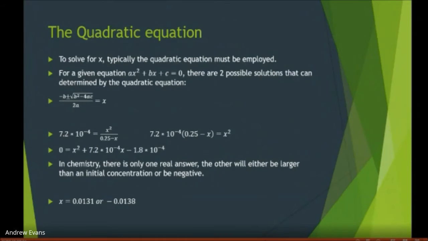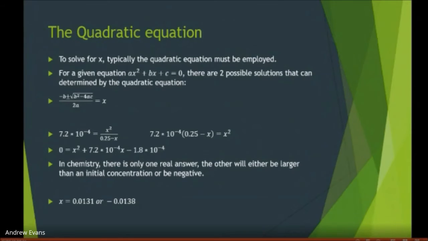Now, quadratic, remember, is a parabolic function given as the equation ax squared plus bx plus c, where there's two possible solutions where this crosses the x-axis, where this equals 0, or y equals 0.